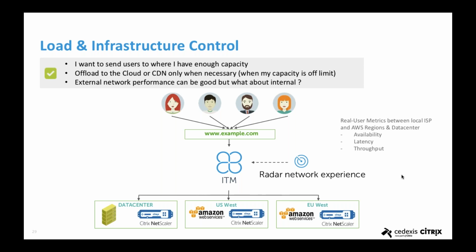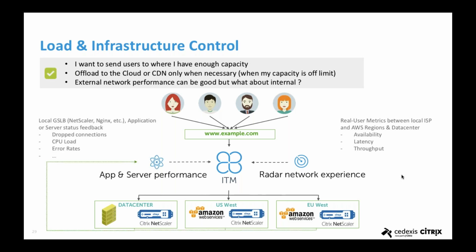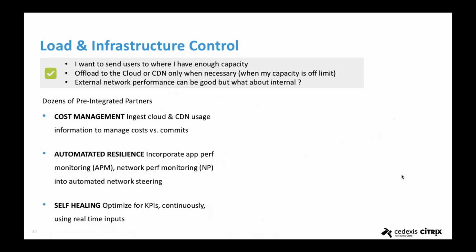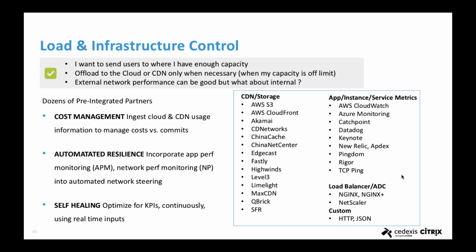This can be a first way to use the data, but let's assume all of the Radar networks show good performance, roughly equal across the regions. What we can do is retrieve some information coming from the data center and the cloud region itself. For that, we've got multiple ways to get the information. We've got API connectors to NetScaler instances, for instance, and we've actually developed quite a lot of APIs to the major CDNs and cloud providers.